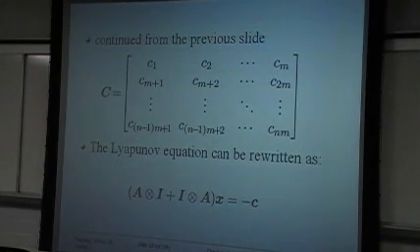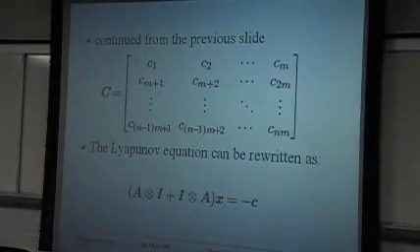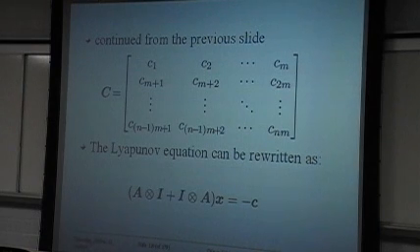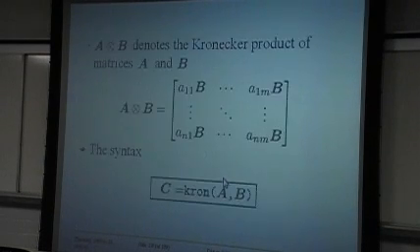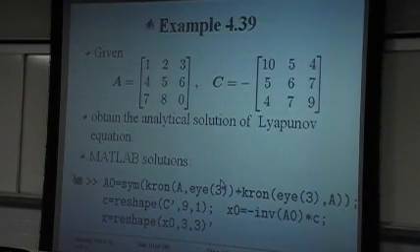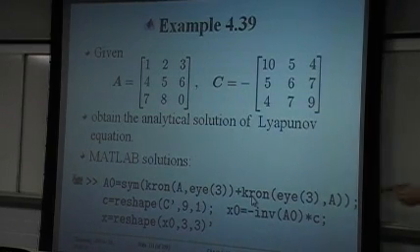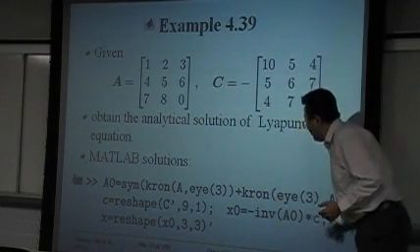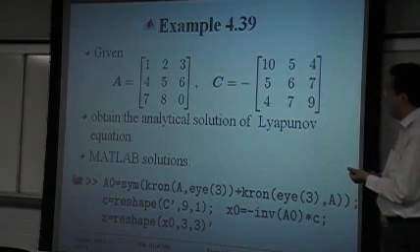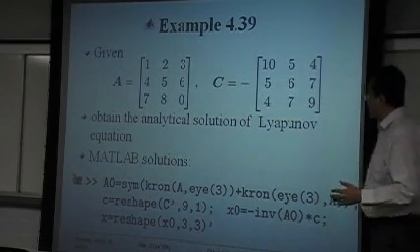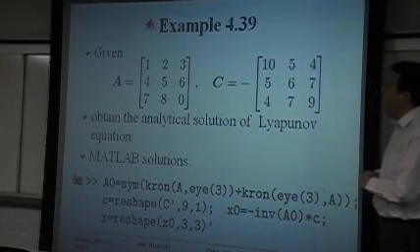In this way, we can solve the original Lyapunov equation as an Ax equals B type of equation. For this kind of problem, we can use a Matlab command like this, and I will not explain too much about this, since I have already written the Matlab function to solve this.